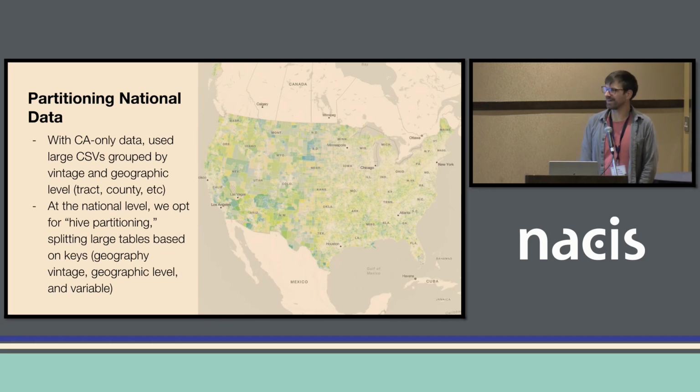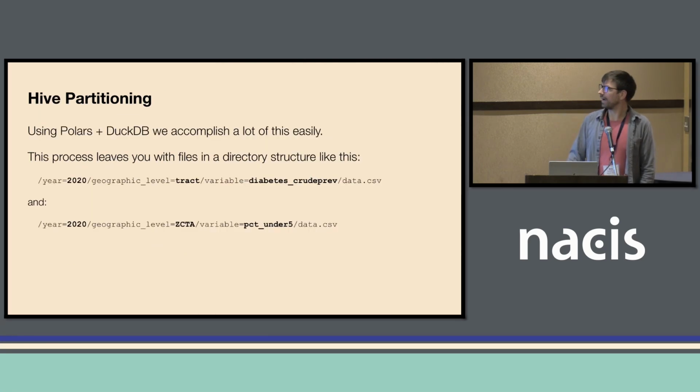We went for something called hive partitioning, where you split one large table out into many smaller tables based on some key columns. That looks something like this. We used libraries called polars and duckdb in Python, but you end up with a bunch of different files organized in a file system like this, which helped us retain the static hosting that we wanted to use.